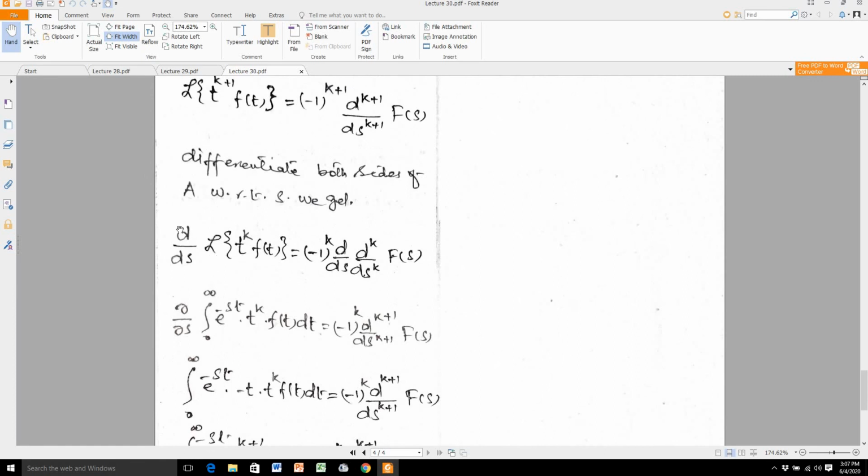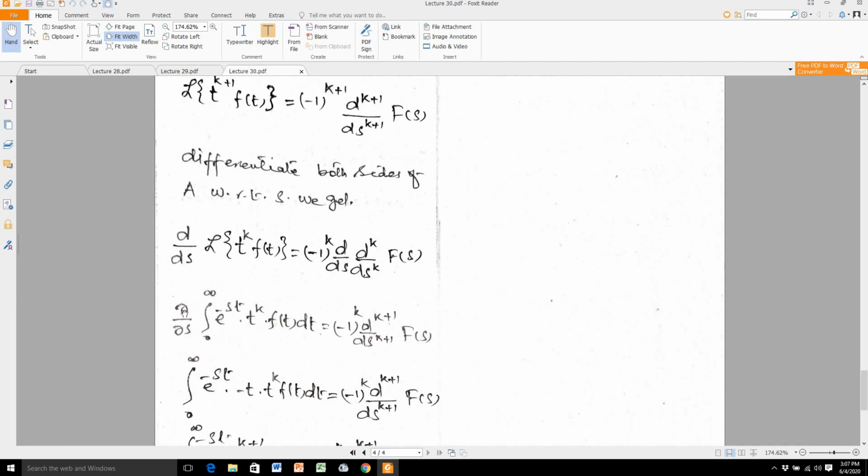I am converting this total derivative into a partial derivative, because there are two variables, s and t, and the derivative contains only one variable. So I am writing here integral from 0 to infinity e raised to the power minus st t raised to the power k f of t, d by dt. Minus 1 raised to the power k, the bases are the same, d by ds and the kth derivative, so powers add. So I am writing minus 1 raised to the power k d raised to the power k plus 1 divided by ds raised to the power k plus 1 into capital F of s.